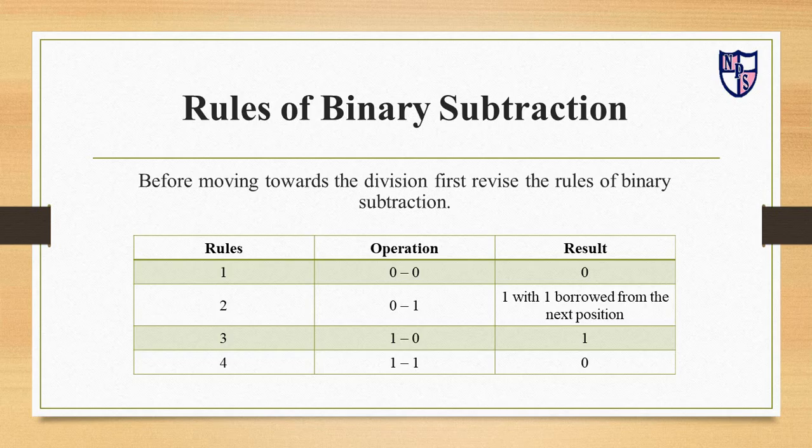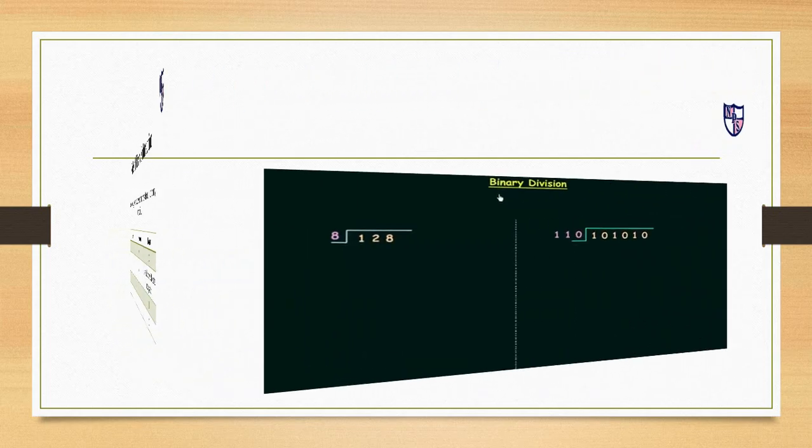Rule number 3, 1 minus 0 is equal to 1. Rule number 4, 1 minus 1 is equal to 0. So these are the 4 basic rules of binary subtraction. This will help us in binary division. Now move towards the binary division.